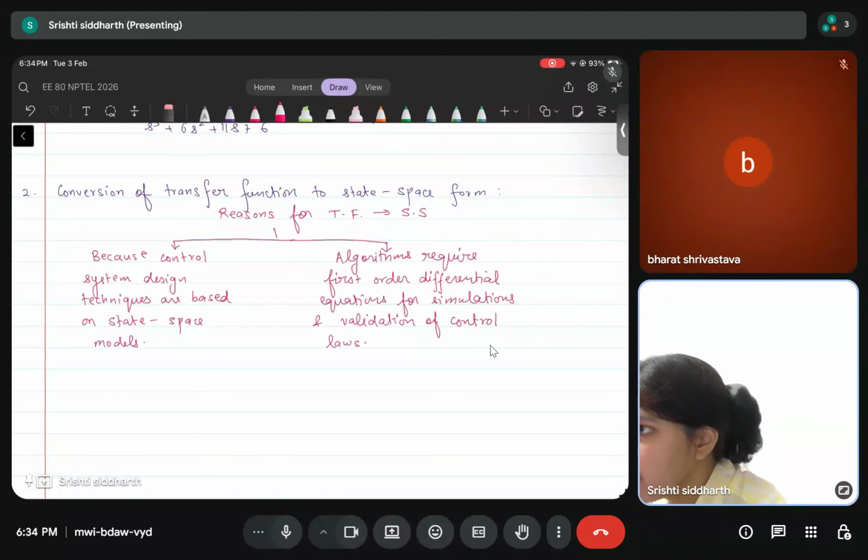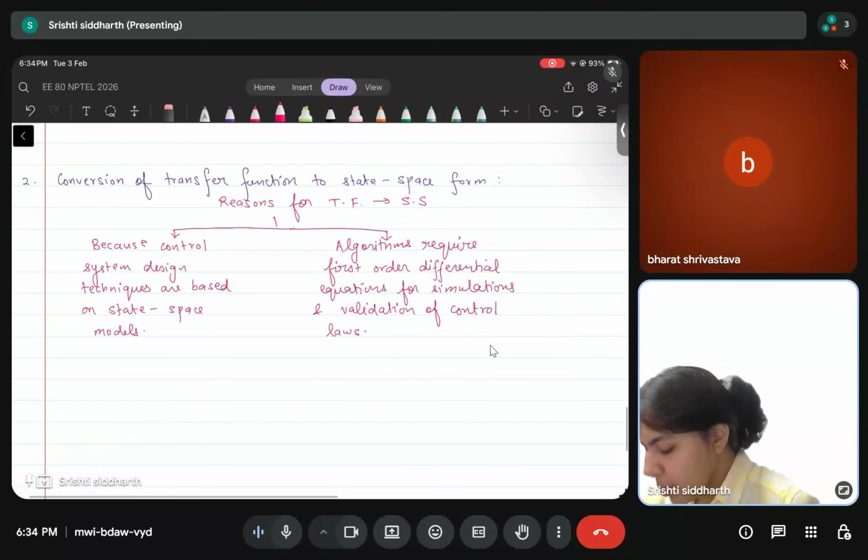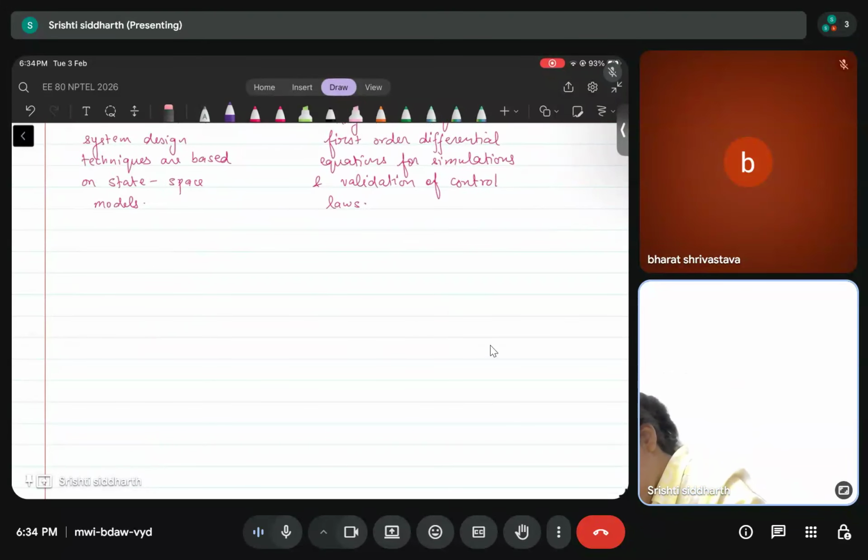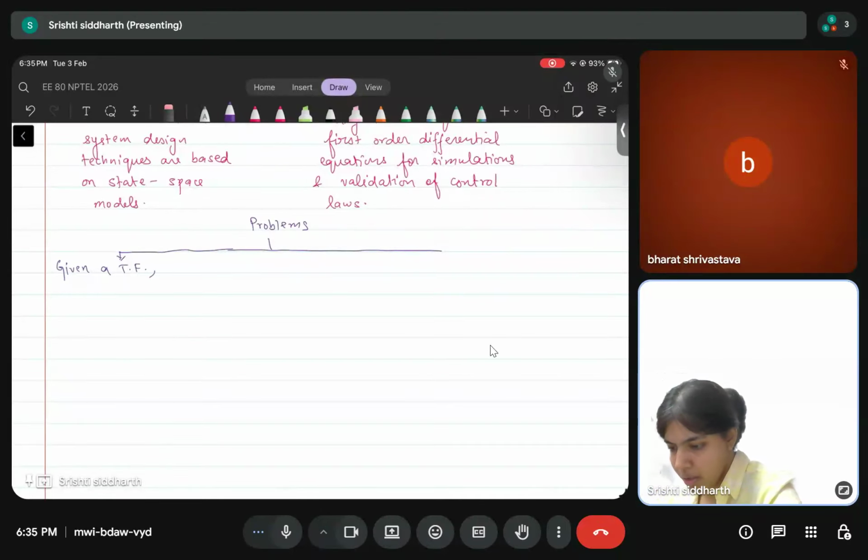Alright. So what are the problems on conversion of a transfer function to state space form? So let's see. Given a transfer function, is it possible to convert to the state space model?